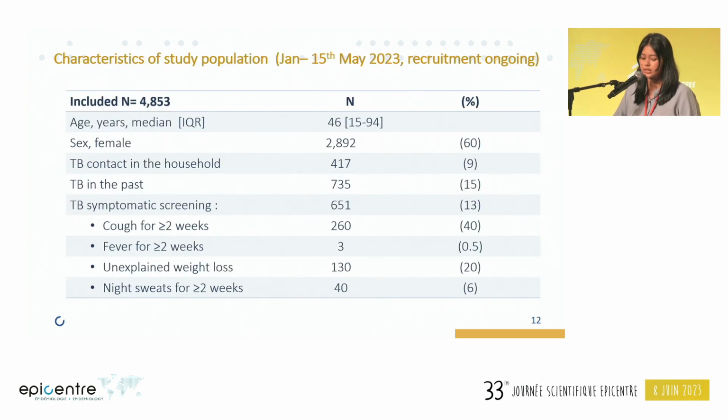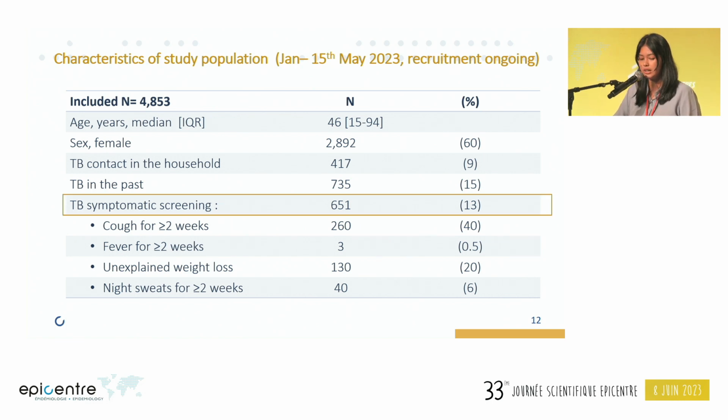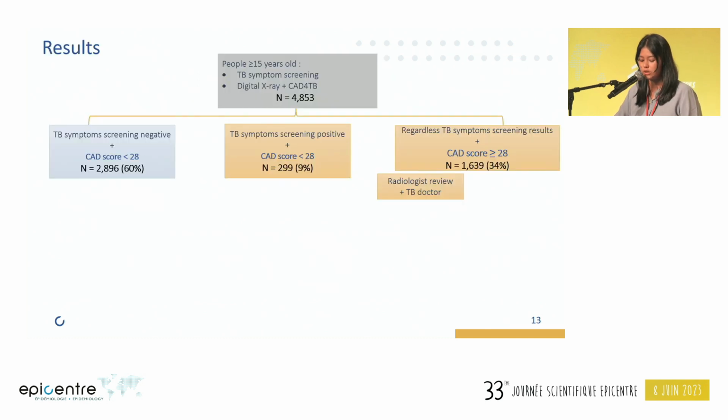So for the characteristics of the study population, from January to May 15th, the recruitment is still ongoing as these are preliminary results. We've screened a total of 4,853 participants. We've found that 15% have a past history of TB, and 13% were symptomatic on screening. For the results, we found that of the 4,800 screened, 34% had a CAD score above the threshold of 28.